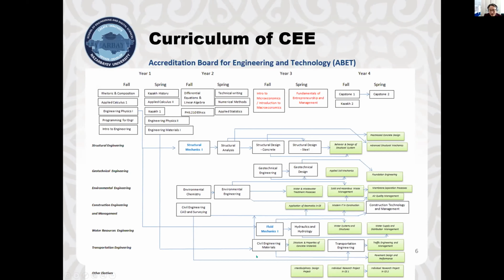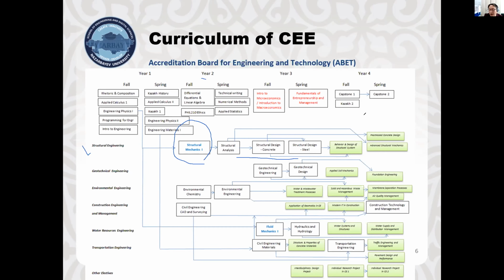Based on this, you can see here, for example, structural engineering. First of all, you have to learn some basic engineering component courses. Then from the second year, you may learn structural engineering concepts and more related courses.